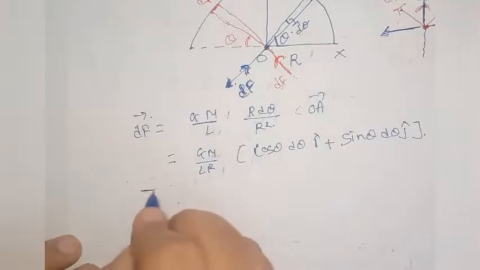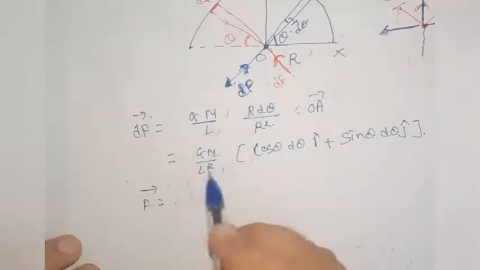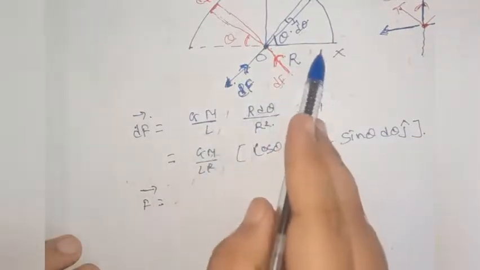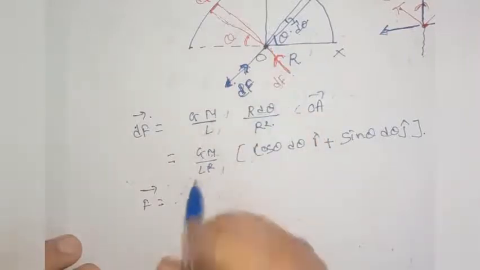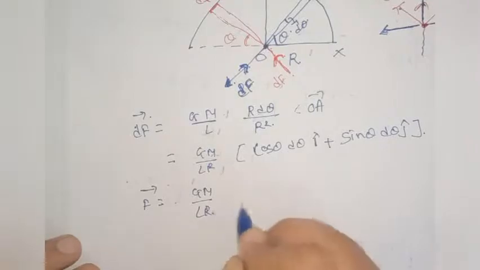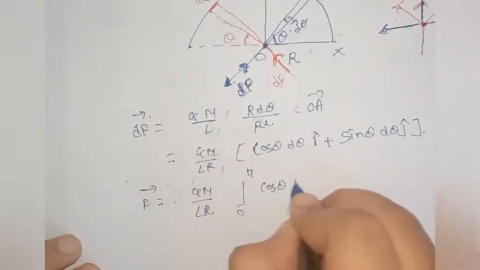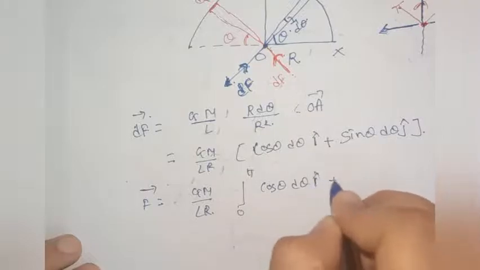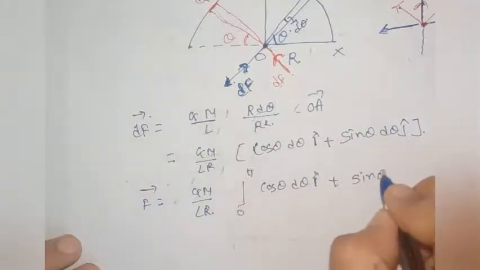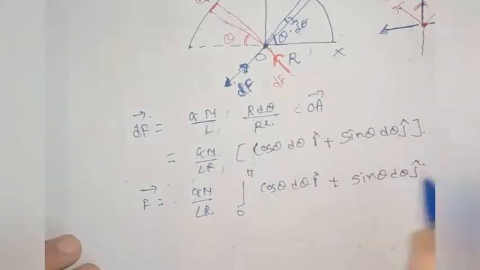Integrating both sides from 0 to pi, we get GM upon LR integration from 0 to pi of cos theta d theta i cap plus sin theta d theta j cap.